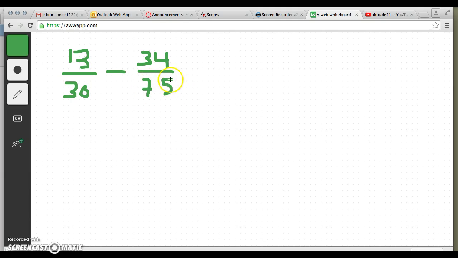So let's take 75 and look at its next multiple, which would be to multiply it by 2. 75 times 2 is 150. Now 150 is in fact a multiple of 30.